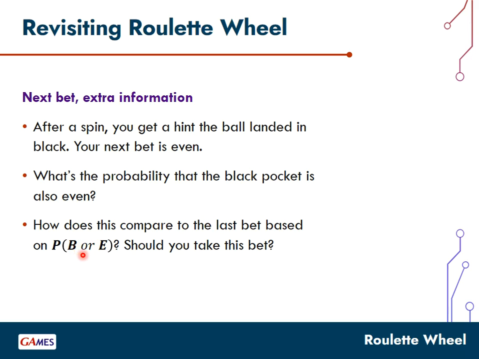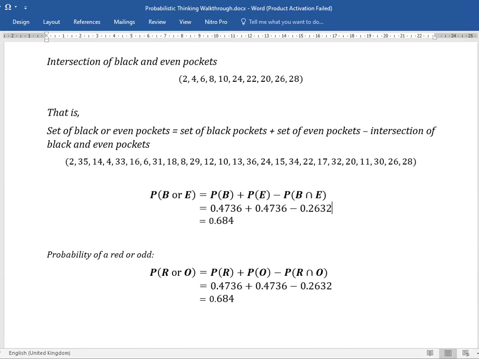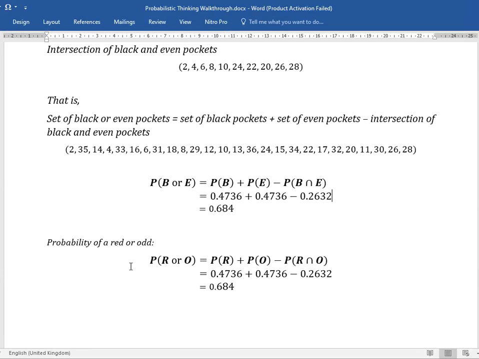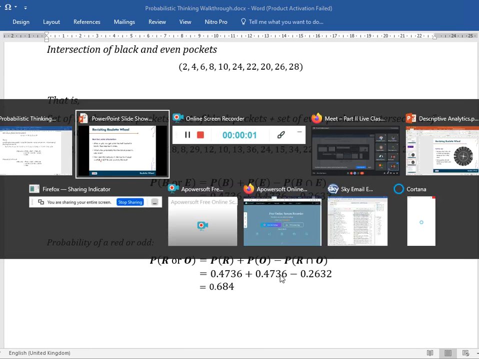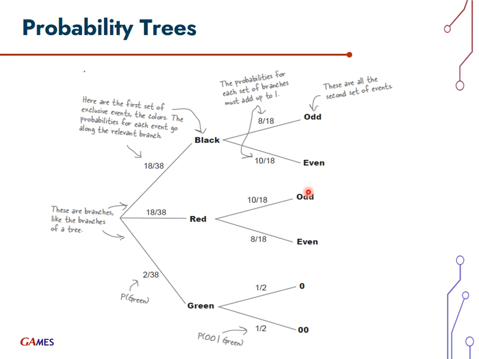I think I made a mistake in that computation, because for red or odd, the probabilities were the same, because as it turns out, the number of odd red was equal to the number of even black. So the probability of black or even turned out to be the same as the probability of red or odd.